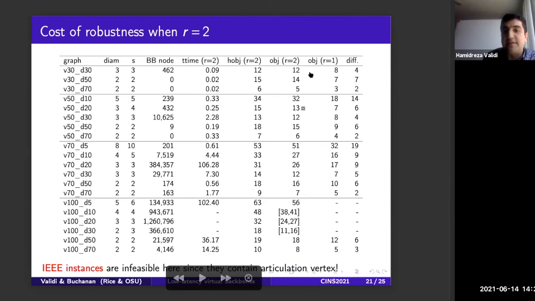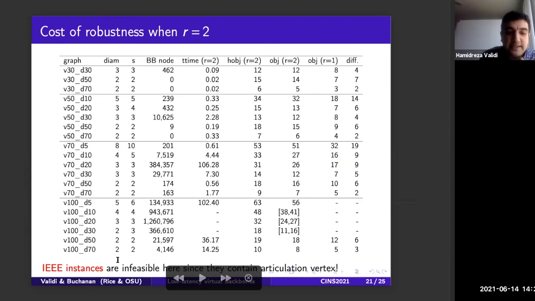And this is the difference you can see between the objectives when R is 1 and R is 2. So in most cases, for example, in this case, V70, which is an artificial graph, the difference is a lot here. But in some cases, it is not. For example, we have a difference of 2.